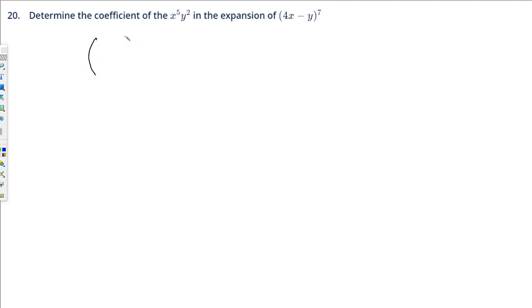So this time, what's my top number going to be on my combination? What's my bottom number? And you're going to take a positive 4x and we're going to raise it to the 5th power. Negative y, raise it to the 2nd power.